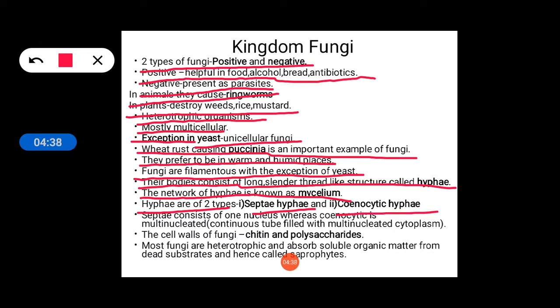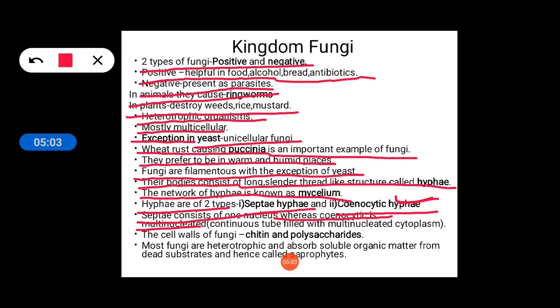Septate hyphae consist of one nucleus, whereas coenocytic hyphae are multinucleated. That means more than one nucleus in their body.